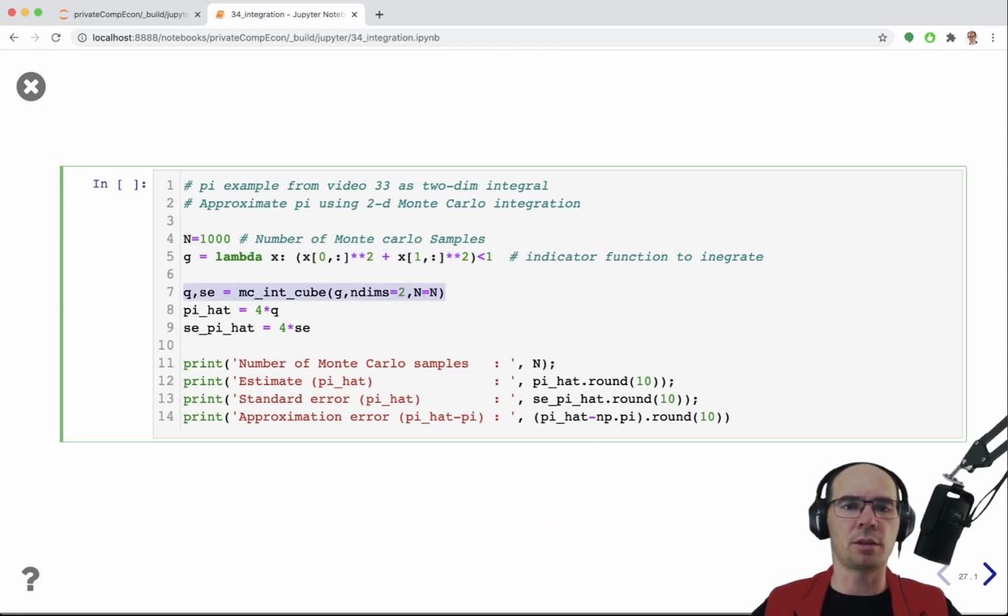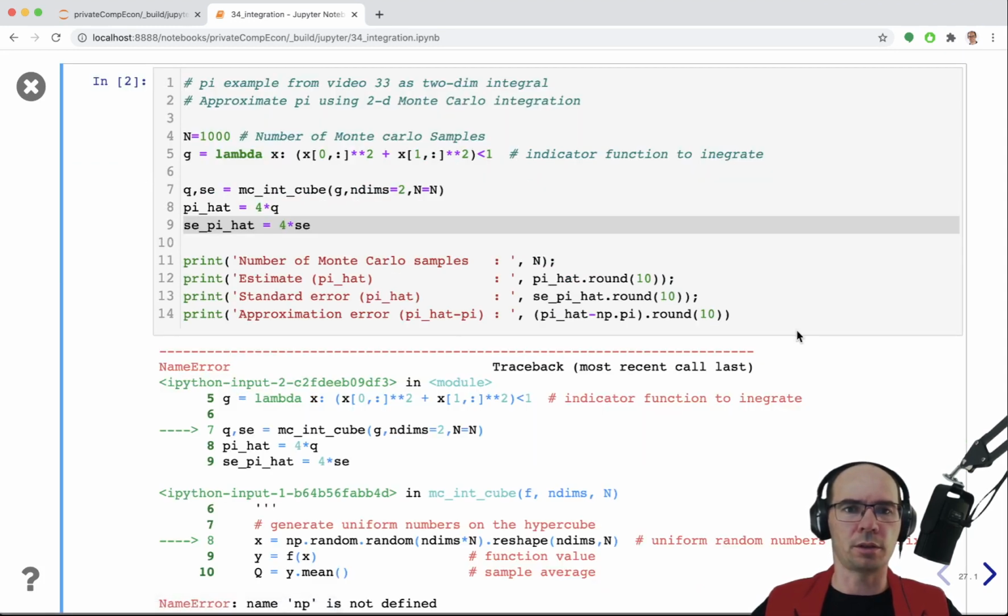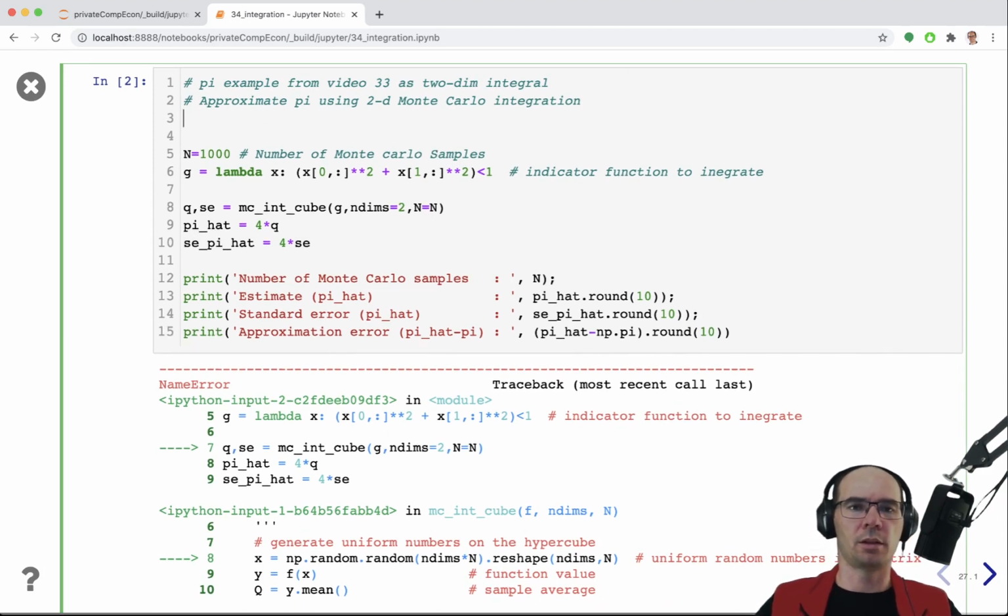So then we can call our function that we just wrote, and we multiply by 4 to get the approximation for pi, and then also we can calculate the standard error of this estimate. Somehow NumPy is not imported.